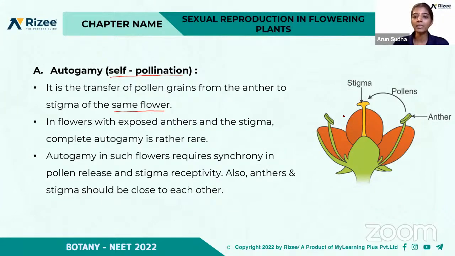Also, anthers and stigma should be close to each other. Only if they are close to each other does the transfer of pollen occur. So autogamy in flowers requires synchrony in pollen release and stigma receptivity. Whenever pollen is released, it should be accepted by the stigma, right? So this is autogamy or self-pollination.